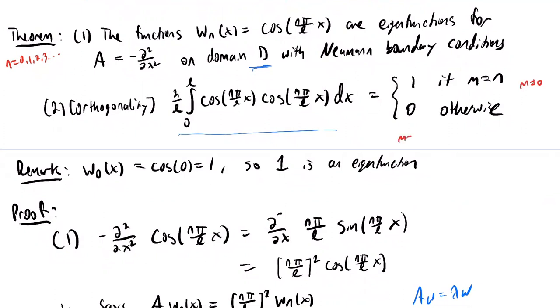If m equals 0, of course, it's still true that if I have cosine of n pi over L times x times 1, and I integrate that, I get 0. The only difference is if I look at the case where I'm integrating cosine of 0 times cosine of 0 from 0 to L, that's not going to give me L over 2. It's just going to give me L. Right? That's the one minor addition. Okay.